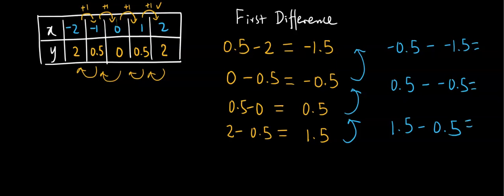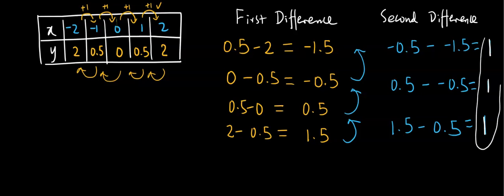Consistently, each one gives us 1. Now, as you noticed, our second difference is the same. Therefore, once again, we say this is a quadratic function. Either by looking at the table, there's a beautiful symmetry here, or by calculating, we confirmed two times it is a quadratic function because the second differences are equal.